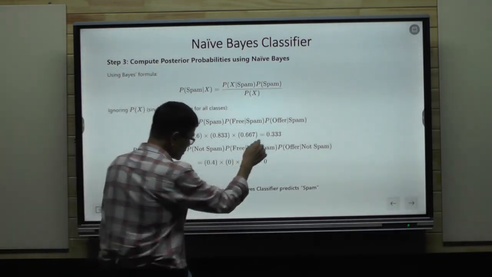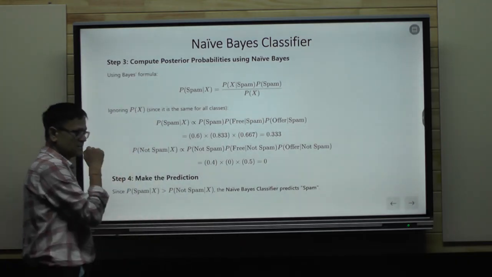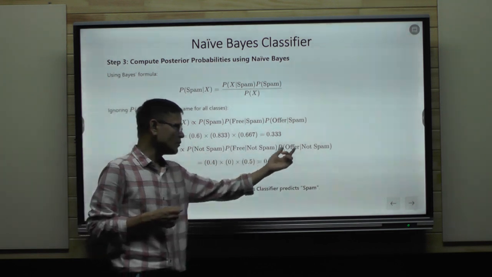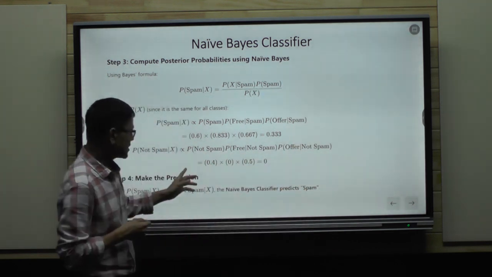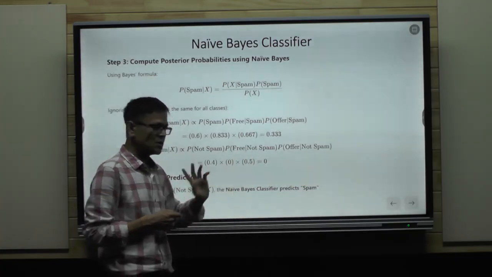So that computes to 0.33. And for not spam given x, P of not spam times free given not spam times offer given not spam computes to 0 because free given not spam was 0.